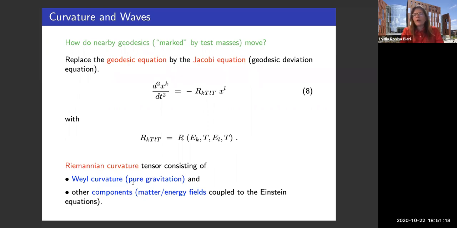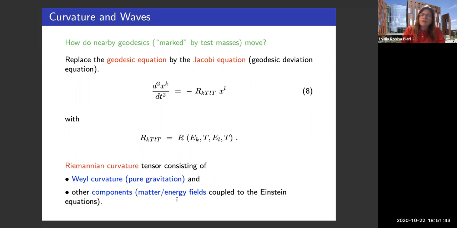So if we are in the pure gravitation case, where the right-hand side is zero in the Einstein equations, meaning we have just the pure gravitational case, no stress energy, then this R is what we call wild curvature. So it has a certain portion of the curvature which describes the pure gravitation without any stress energy.